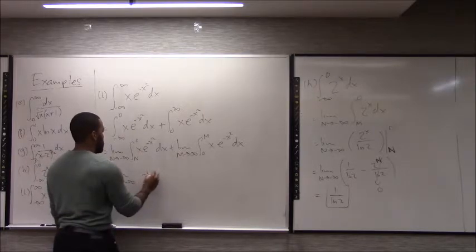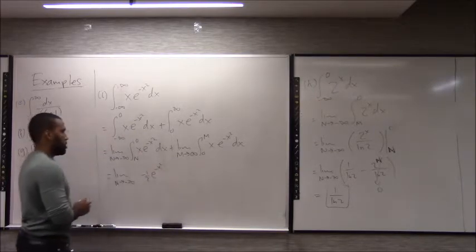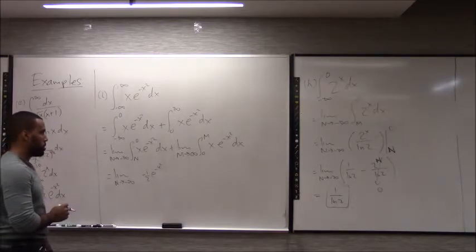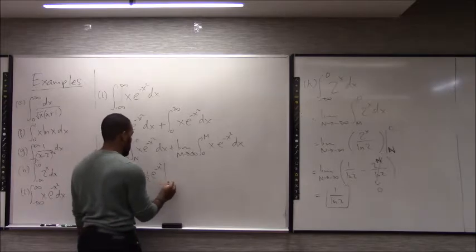What's that, minus a half e to the minus x squared? So the derivative of that is the derivative of the power, which is minus 2x, times the original function, and yeah, that looks right.